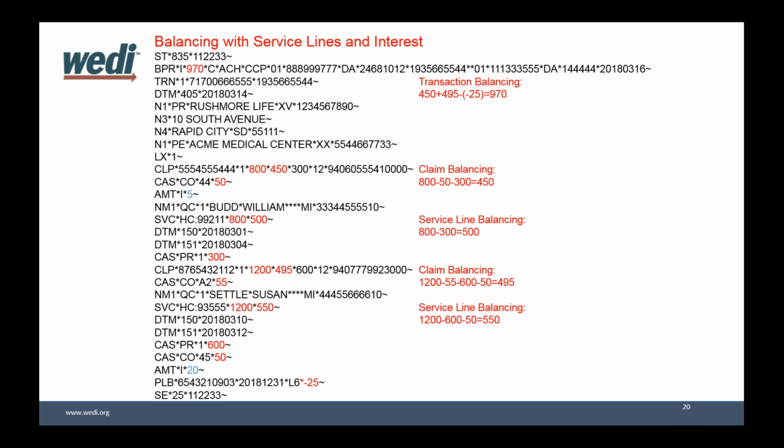If, well, in this case, we had the 5 and the 20 actually represented as a PLB level adjustment for interest, we would have taken that into account. This is actually a nice representation, so that you can have a couple reminders here of how the balancing is supposed to work, and the fact that adjustments that are at one level are not taken at the other level. So they will pertain to one level or the other.